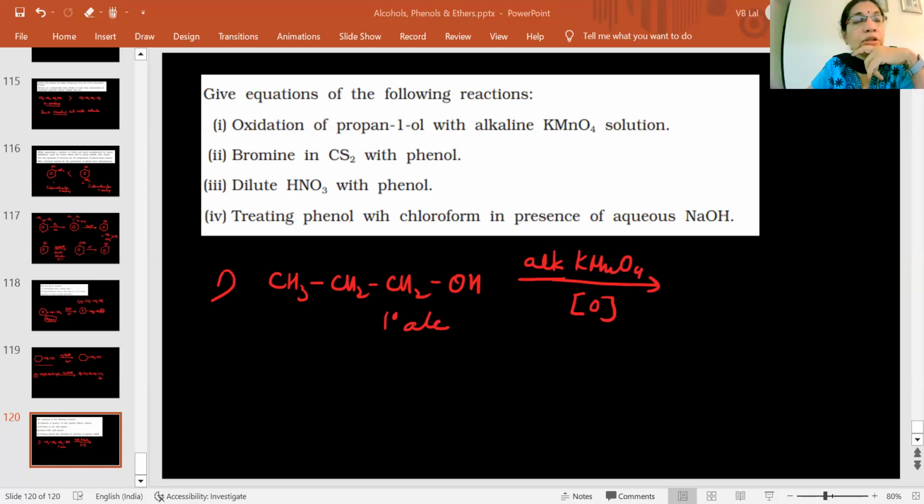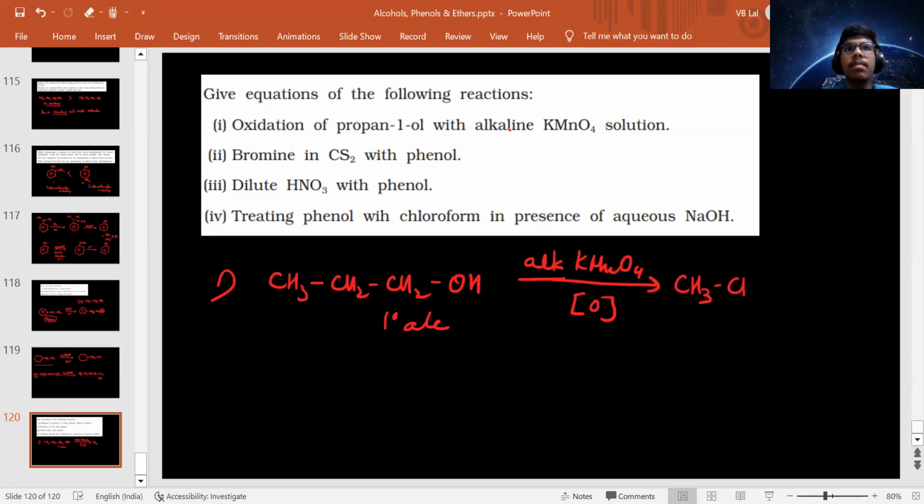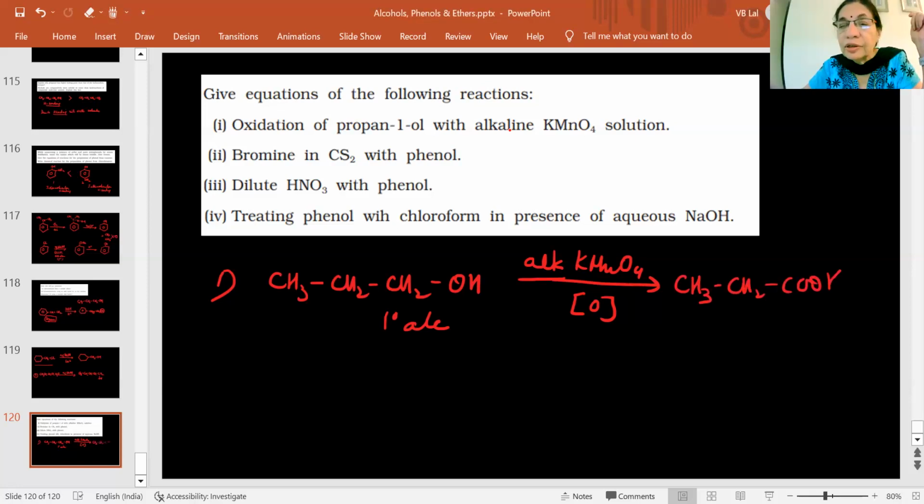Sai Kalyan, have you read this part? Yes, primary alcohol reacts with KMnO4, it will give carboxylic acid. Which acid will it give? Hariharan? Propanoic acid, ma'am. Very good. Propanoic acid. So remember, it's a strong oxidizing agent. You will get an acid.